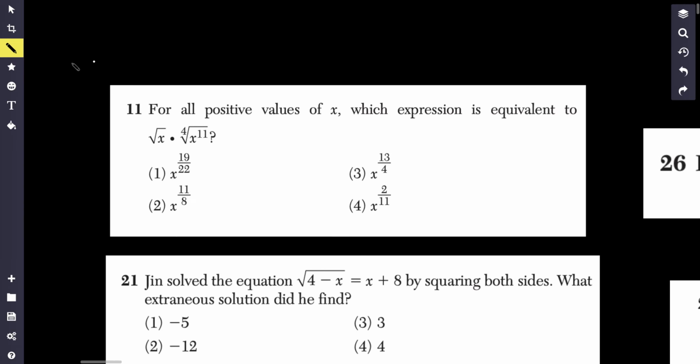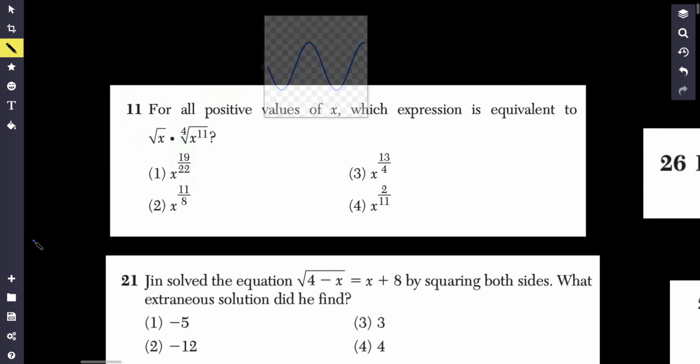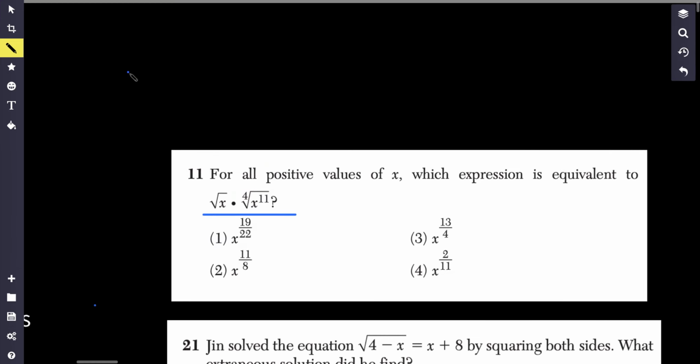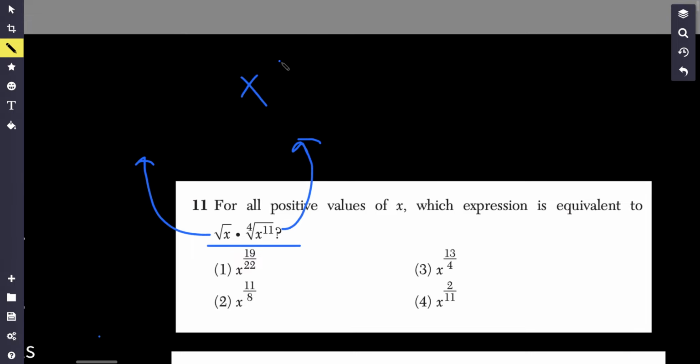For all positive values of x, which expression is equivalent to this? What you have to realize is that you can write square roots or radicals and turn them into exponents. Whenever you have x to the nth power, and it's to the mth root, this is going to be equal to x to the n over m.